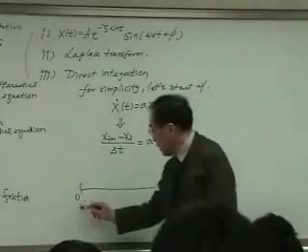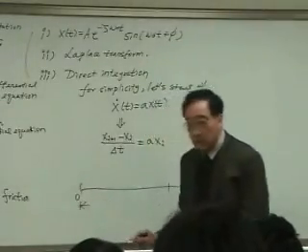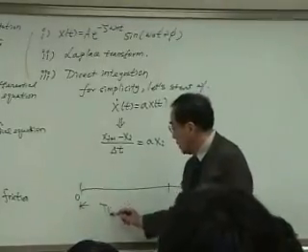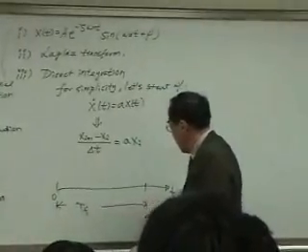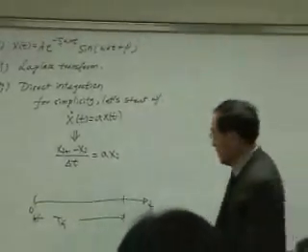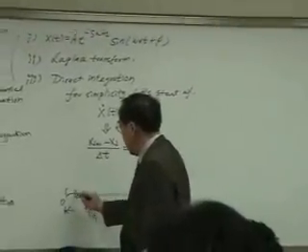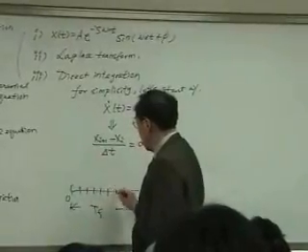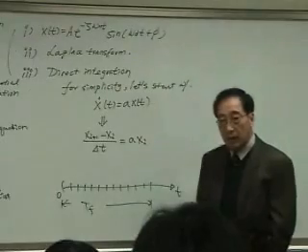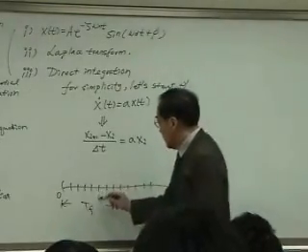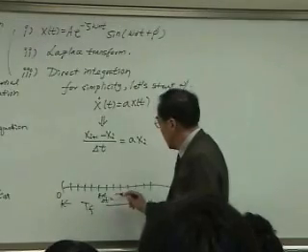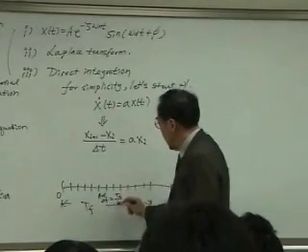And then assuming that I want to calculate the response for time tf, as used in the text, and then I divide this interval by n. Okay, and this time interval delta t would be tf over n.